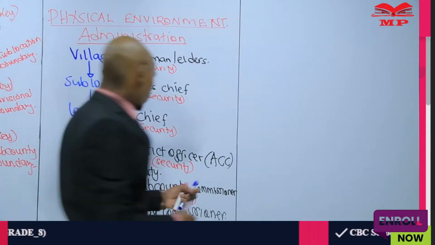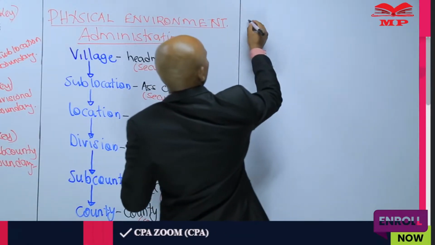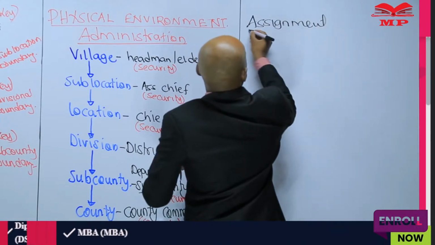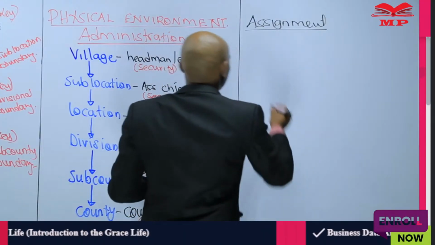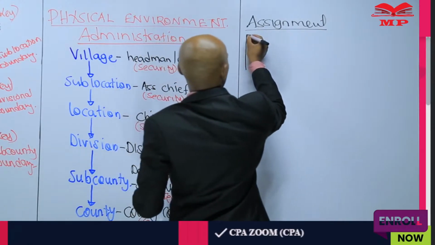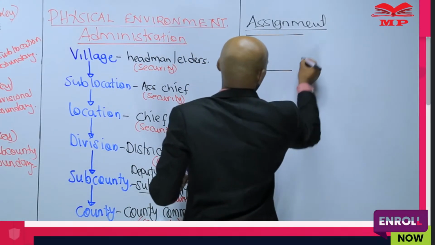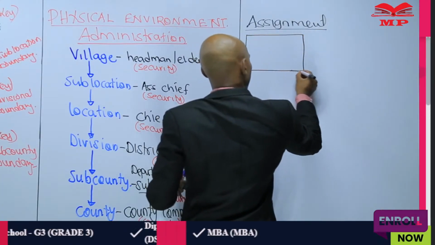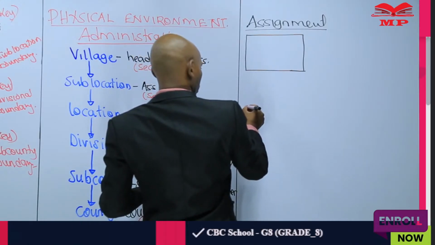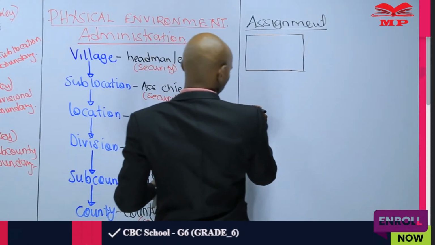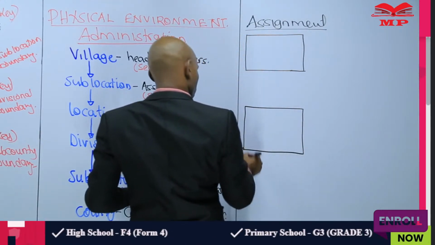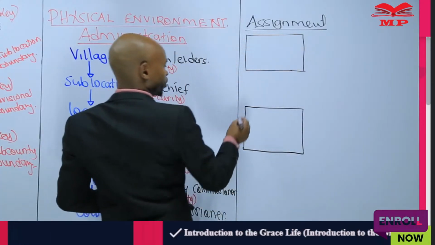Your assignment, let me give you a simple assignment so that you can use the knowledge that we have learned. Let's have 2 maps, so that at least one is for the boundary, one is for the office.